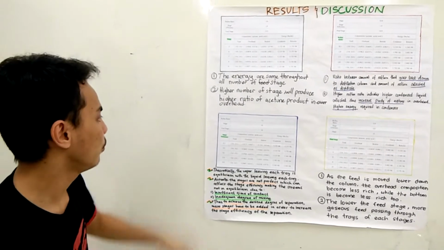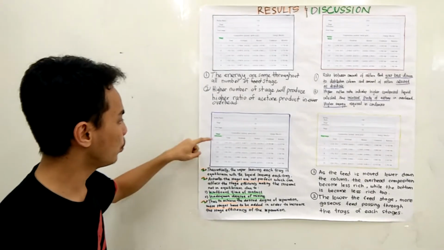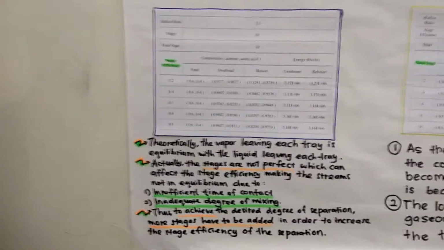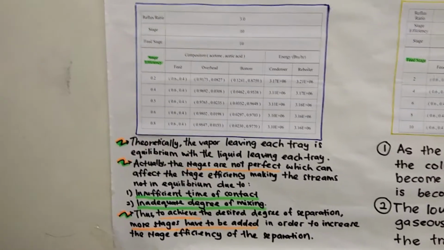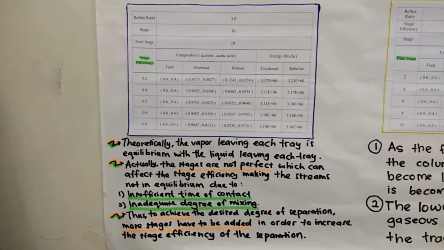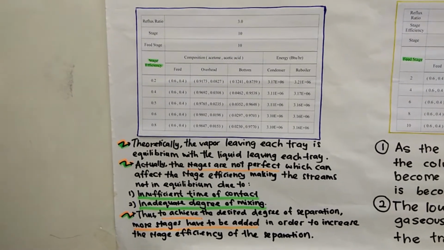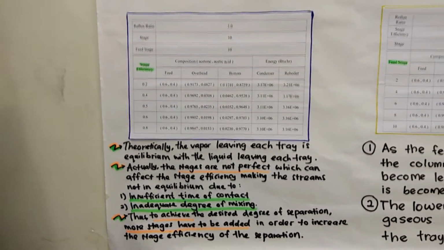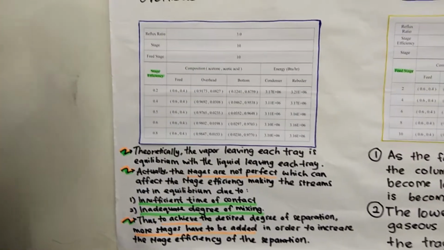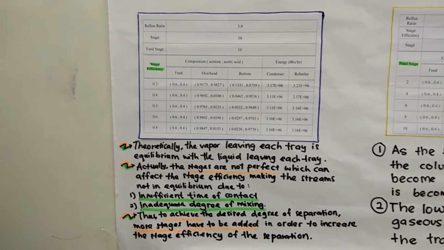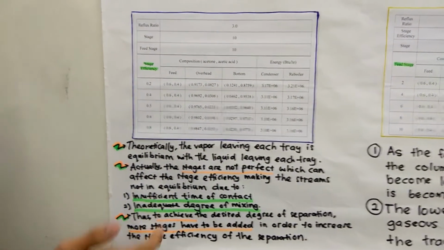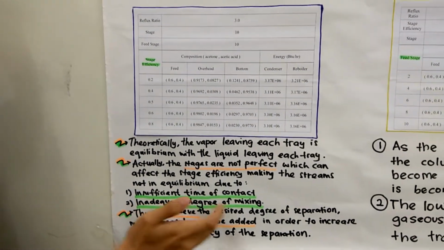So we have manipulated the stage efficiency to 0.2, 0.4, 0.5, 0.6, and 0.8. Theoretically, the vapor leaving each tray and the liquid leaving each tray are in equilibrium, meaning 100% efficiency. But actually, the stages are not perfect, which means when we change the stage efficiency from 0.2 to 0.8, the composition of overhead and bottom product is not in equilibrium, due to insufficient time of contact and inadequate degree of mixing.